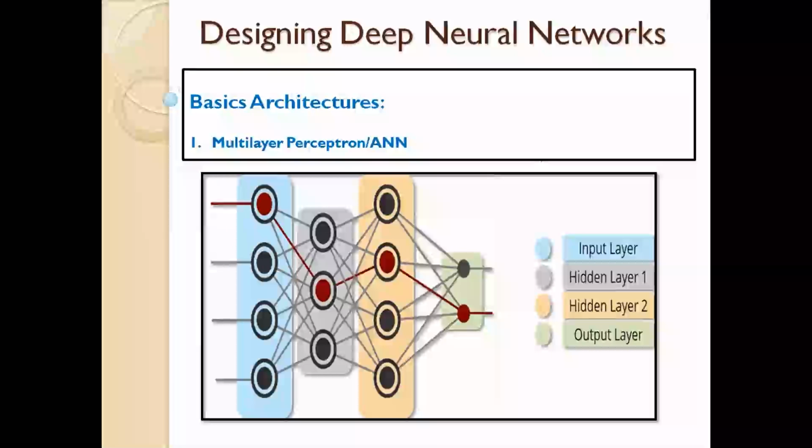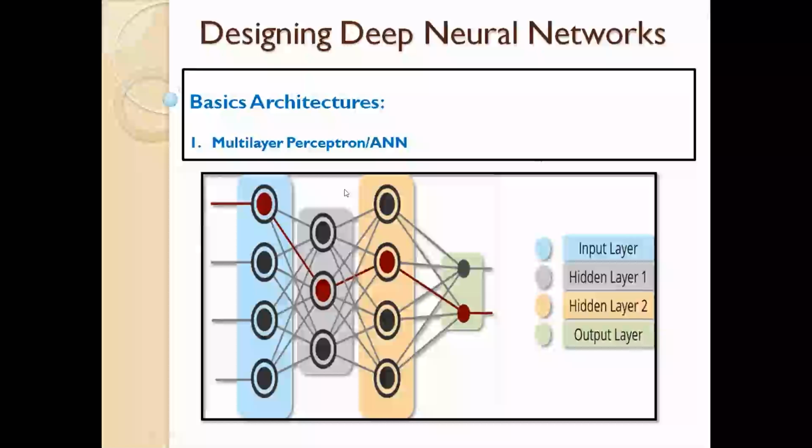So the number of neurons in the input layer is equal to the number of input columns of the project. Note it down. Very easy to understand.